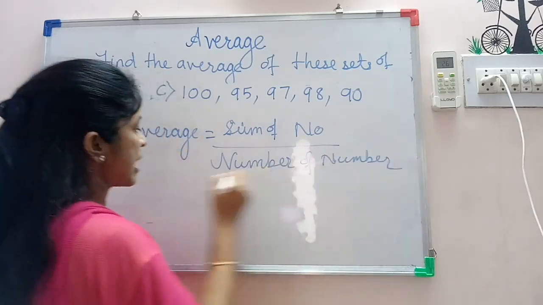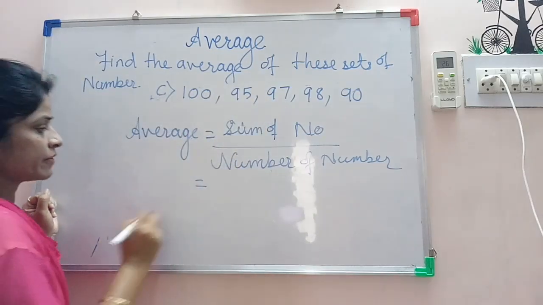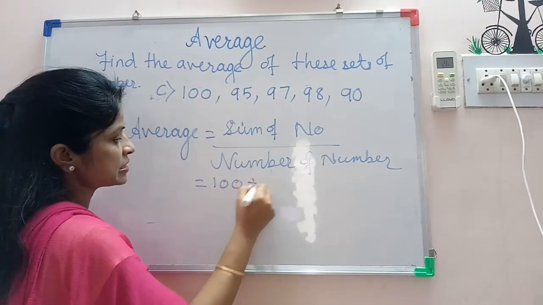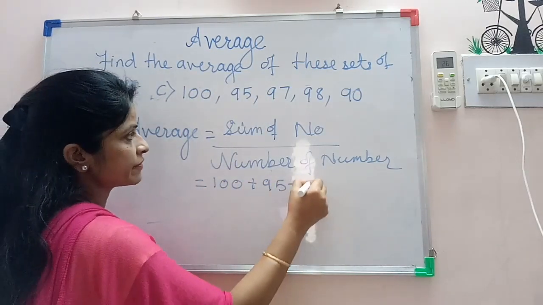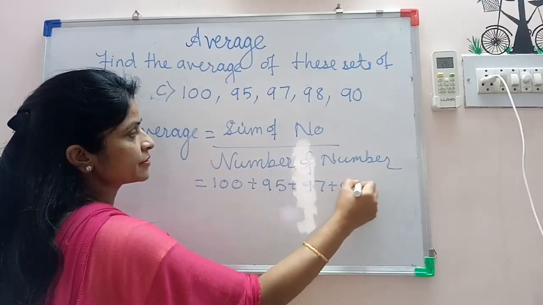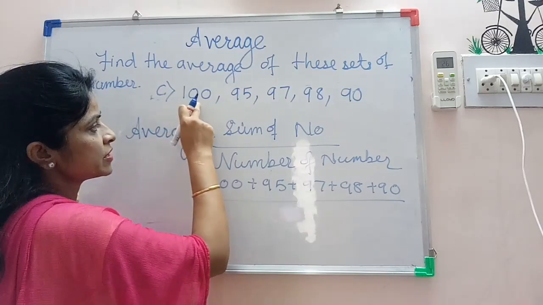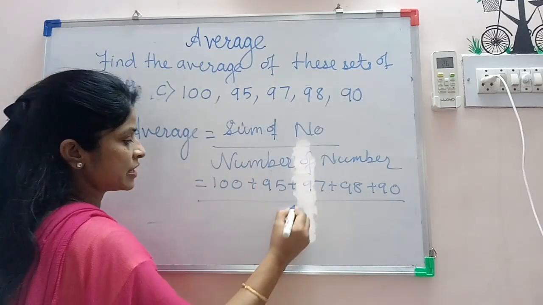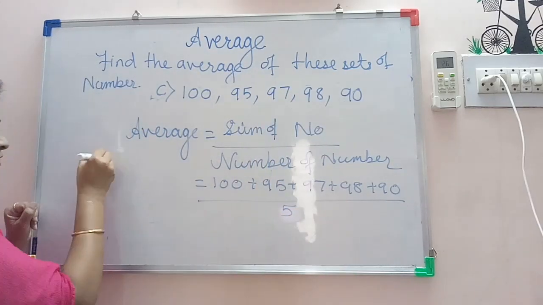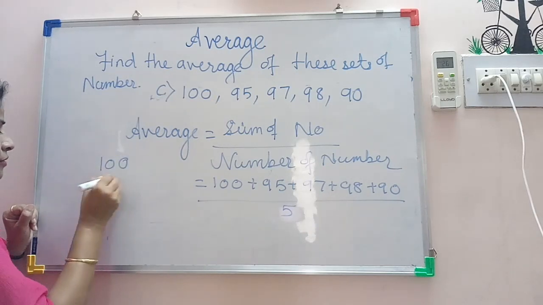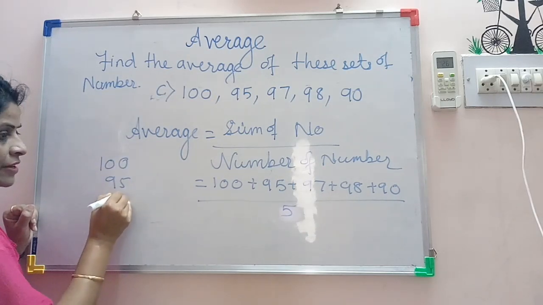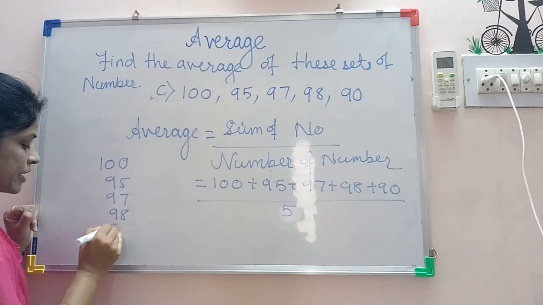Okay students, now we will add all the given numbers: 100 plus 95 plus 97 plus 98 plus 90. Now divided by how many? The numbers given are 1, 2, 3, 4, 5. 5 times. So now we will add it on one side.